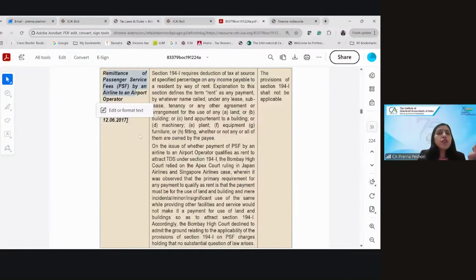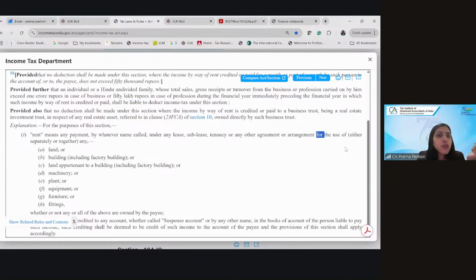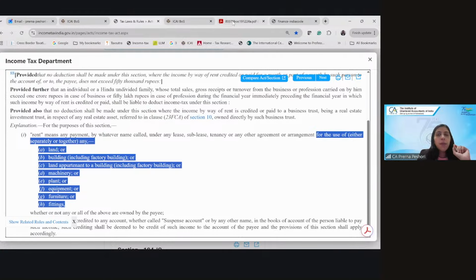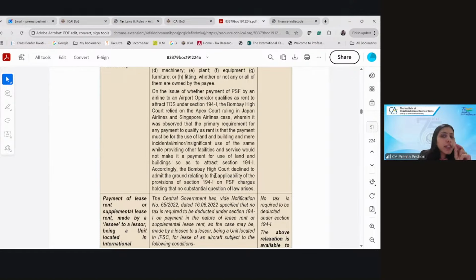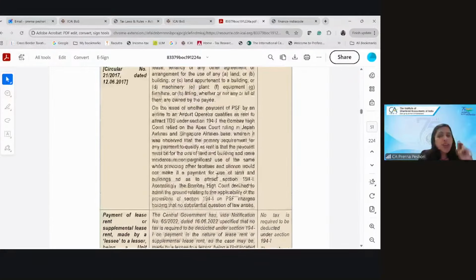Because if you look at the definition of rent, it is for the use of any land. But this passenger service fee is a combined fee which is charged for all the facilities, and the usage of the land is incidental. That is not technically for the use of land. And therefore 194I will not get attracted on the passenger service fee.